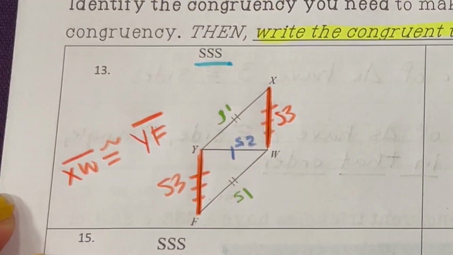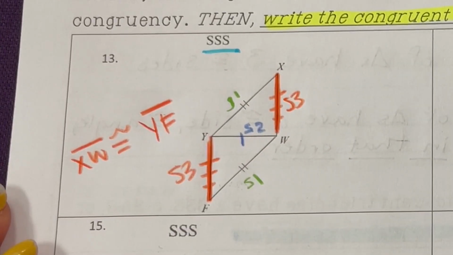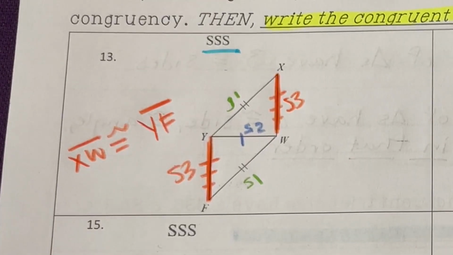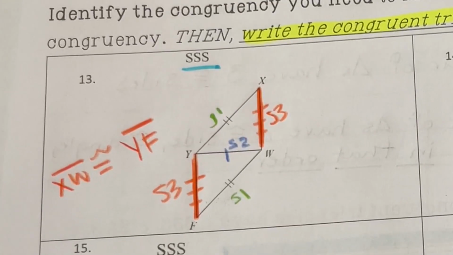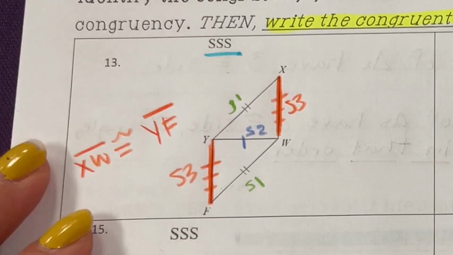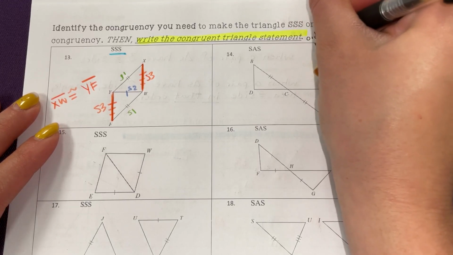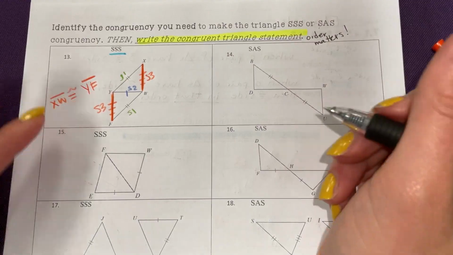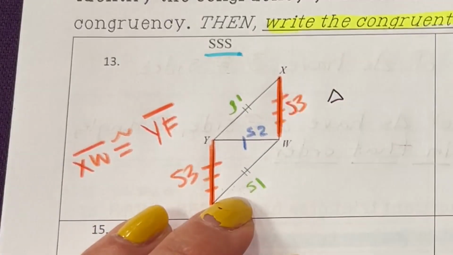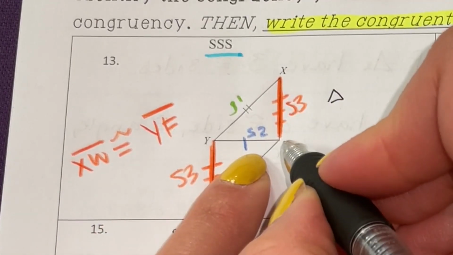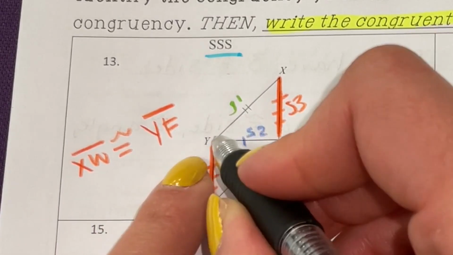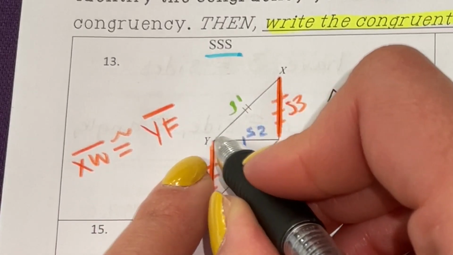XW is congruent to YF. Okay? Now we are going to write out a triangle congruency statement. So you might write yours differently from mine, but remember when you write triangle congruency, order matters. Okay, so what I'm going to do here is write my first triangle, and I'm going to go from side 1, side 2, side 3.